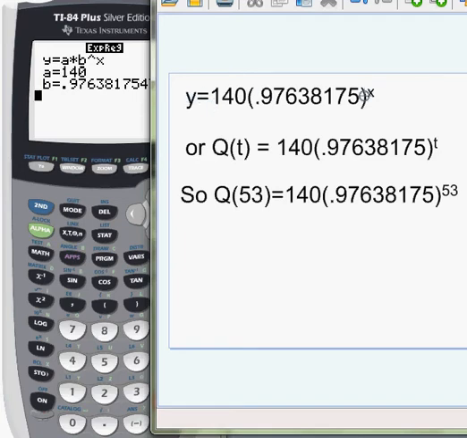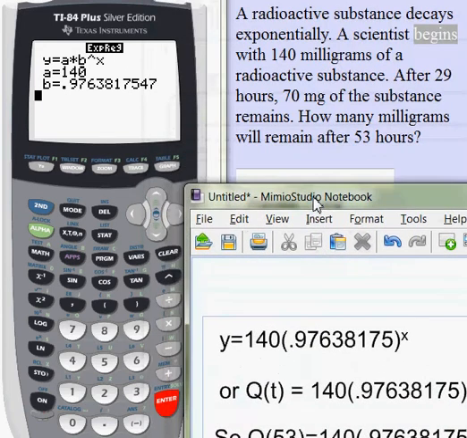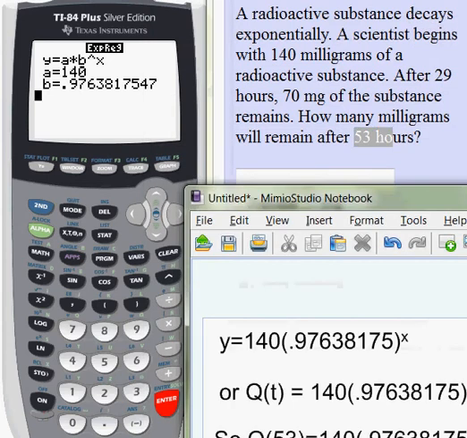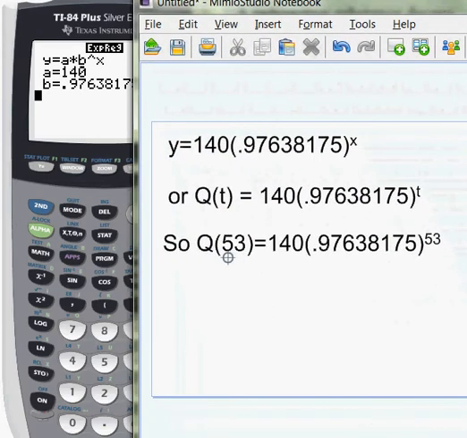To help remind me what the variables are, I replaced x with t because that's time, that's my input. Remember when we typed the data in, we typed the inputs into L1 and it was the time values. And my output is the quantity left over. Since the question said, what's the quantity after time equals 53 hours, I'm going to plug in 53 for my input.